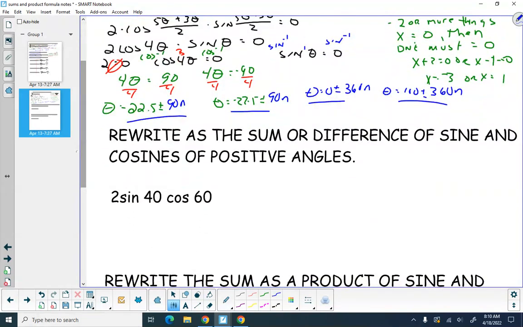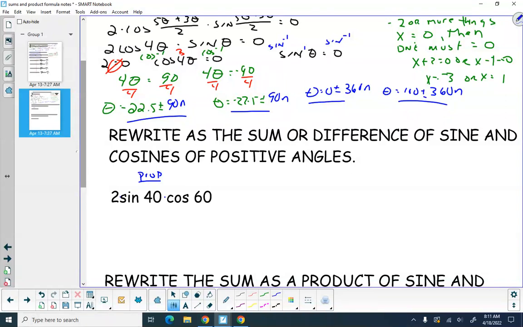Rewrite as the sum or difference of sine and cosine of positive angles. What we have here are products, and we will move them into sums and differences.